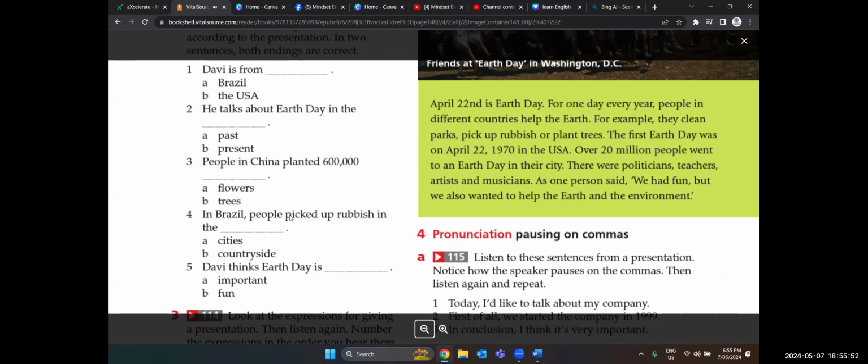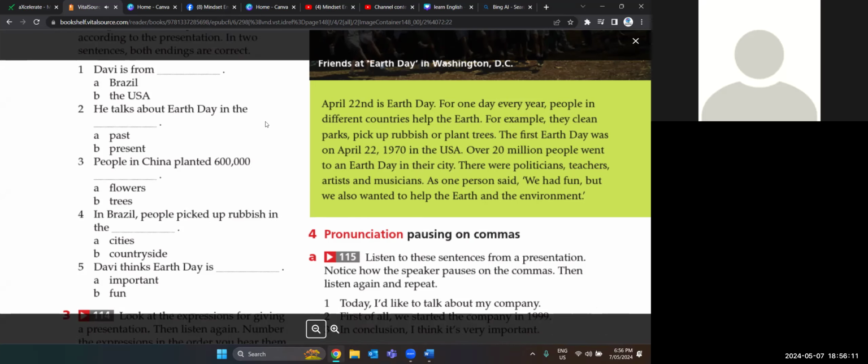Nowadays, more than 175 countries have an Earth Day. Lots of people do different things. Last year, people in China planted 600,000 new trees. In New Orleans, in the USA, they put 300,000 energy-efficient bulbs into houses.